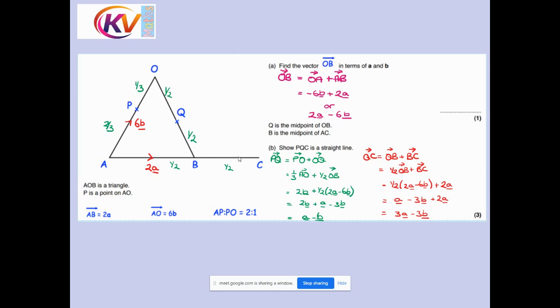What have I proved at this point? What do I know about PQ and QC?